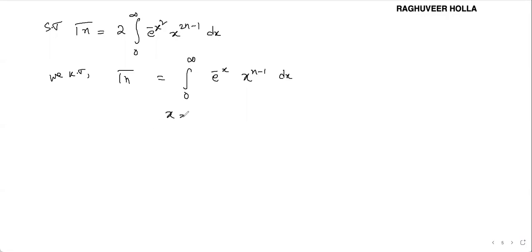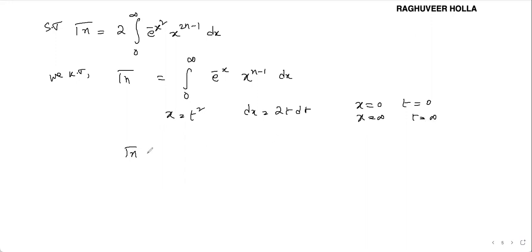So let us put x as t square. Okay, so dx is equal to 2t dt. So when x is 0, t is 0, and when x is infinity, t is also infinity.